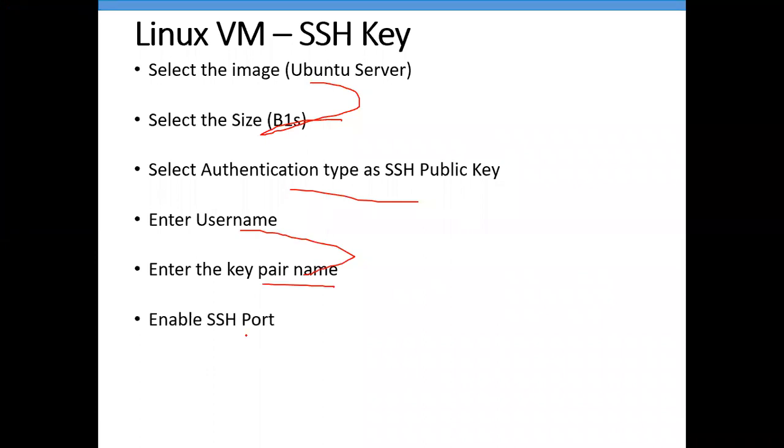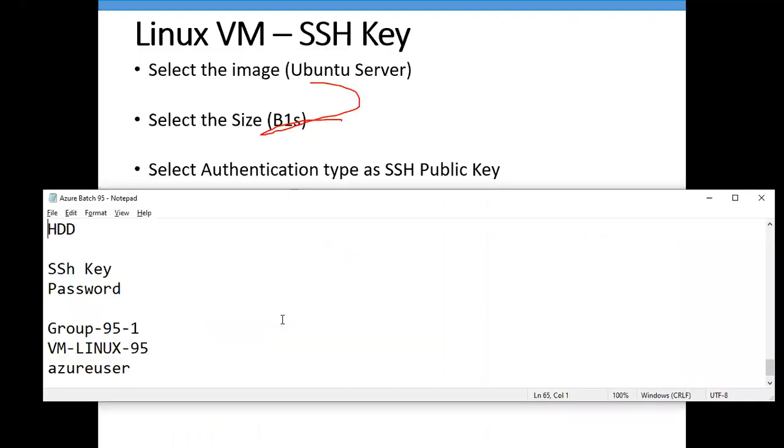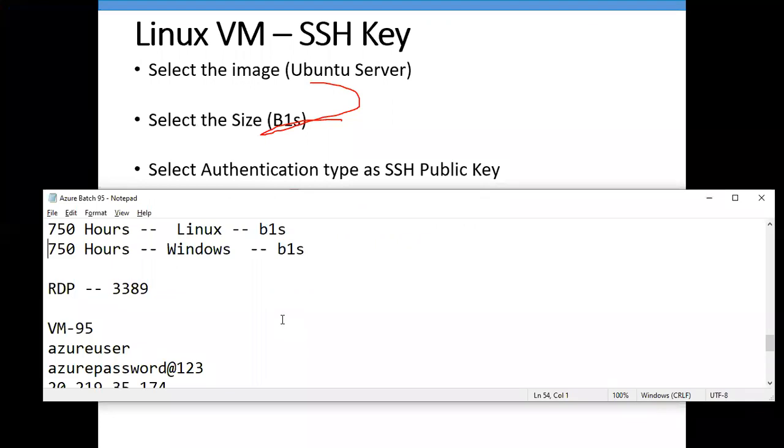And now what we have to do is enable the SSH port. Like in the previous example we discussed for Windows, which port needs to be enabled? RDP port. In the same way, for a Linux machine we need a port called SSH port. If anyone knows, send me in the chat box. If you don't know, don't worry about that.